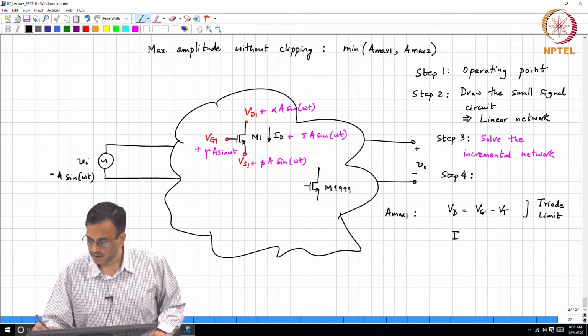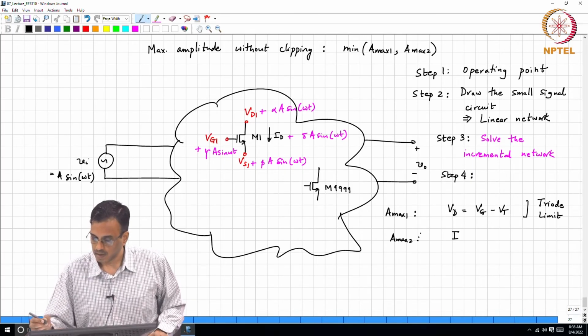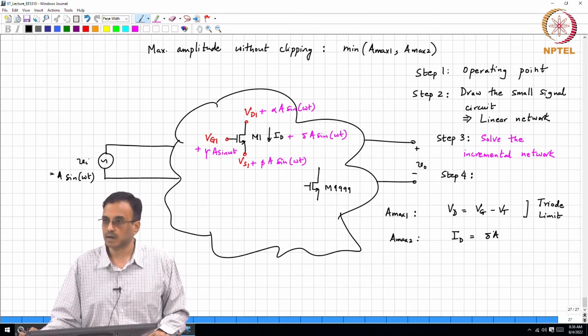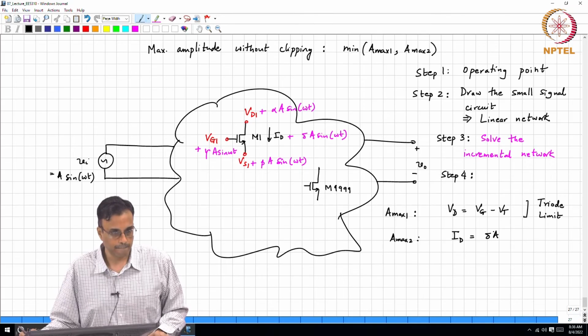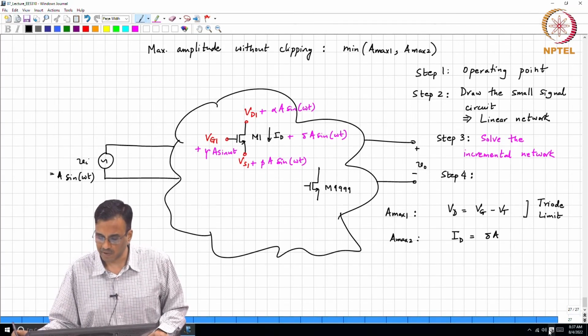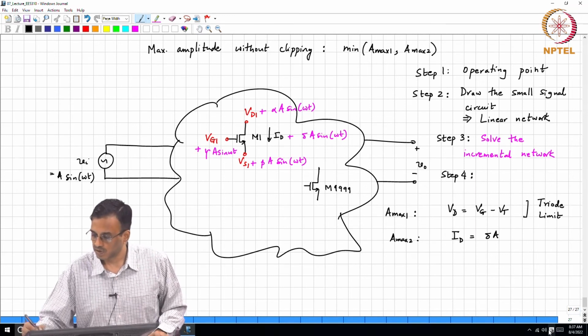It is simply Id must be equal to delta times A. The delta, as you can see, is nothing but gamma minus beta times Gn. So, this is the cutoff limit.